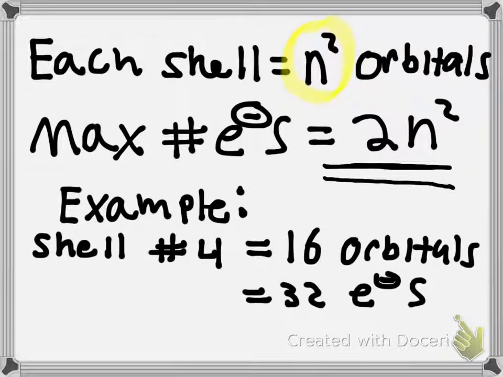And this is going to give you the number of orbitals. I'm going to come down here to an example really quickly. So if we're in shell number 4, we're going to have 16 orbitals because 4 squared is 16. And if we want to look at the max number of electrons, it's just as simple. You just multiply it by 2, so that gives us 32 electrons max within that shell.